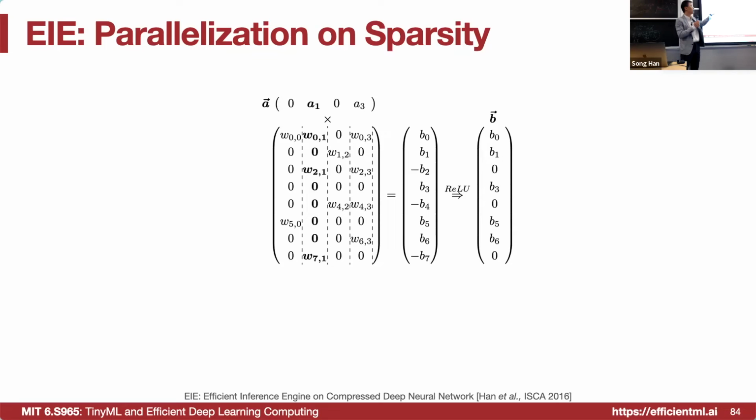So an 8 by 4 matrix, input is 4 by 1, and output is 8 by 1. So we want to analyze how we parallelize, how we skip those zeros. The efficient inference engine, EIE, is the first accelerator that can take advantage of the weight sparsity for a pruned neural network.